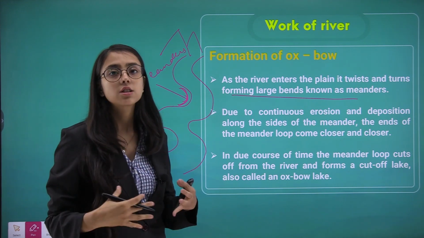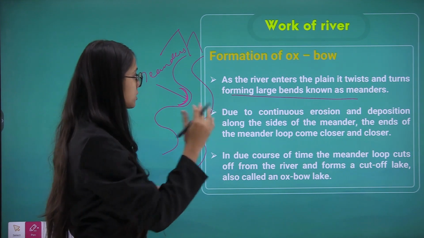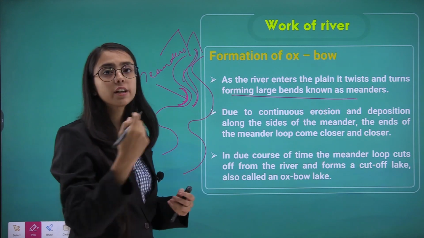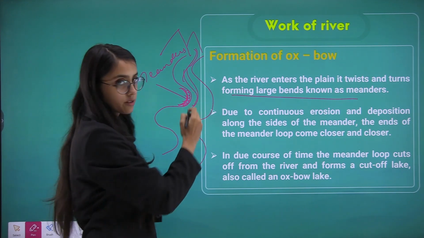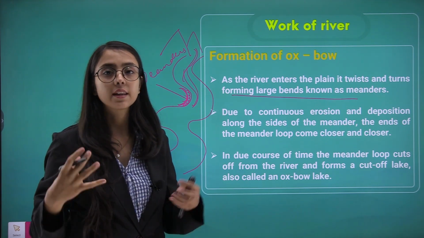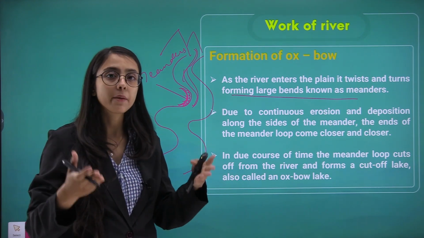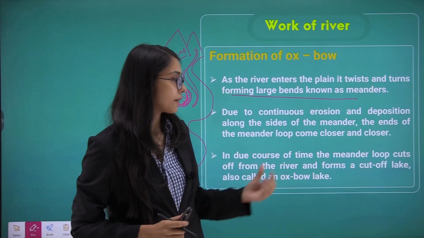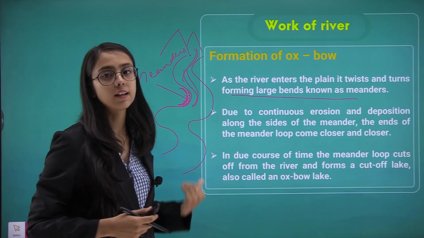Now, due to continuous erosion of soil and deposition at the sides of a meander, the eroded soil also settles in the sides of meanders. So, these bends form meander loops and they come closer and closer. Once a large meander may become a closed meander, due to course of time the meander loop cuts off and the river forms a cut-off lake.